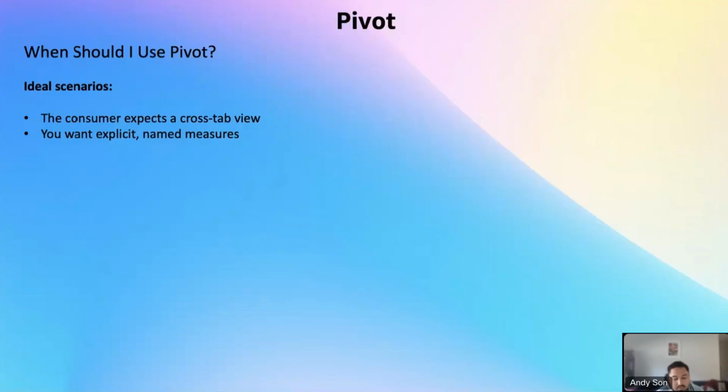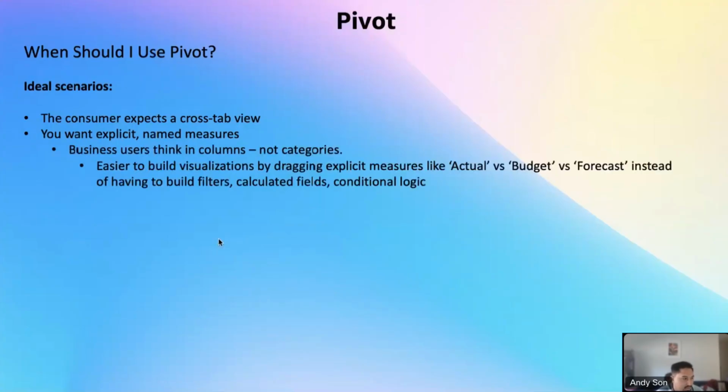So if you're able to pivot your table and have these explicitly named measures, it will become much easier for a regular business user to build visualizations by simply dragging those explicit columns instead of having to build out the filters, calculated fields, any sort of conditional logic that a more BI savvy person could do, right?